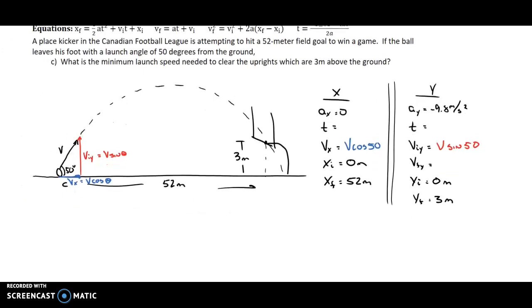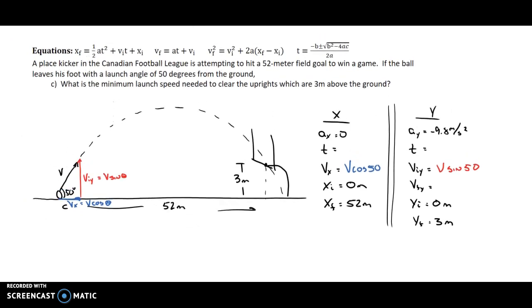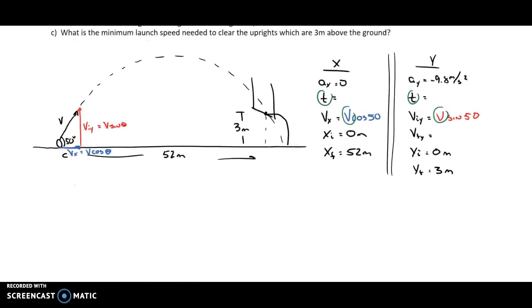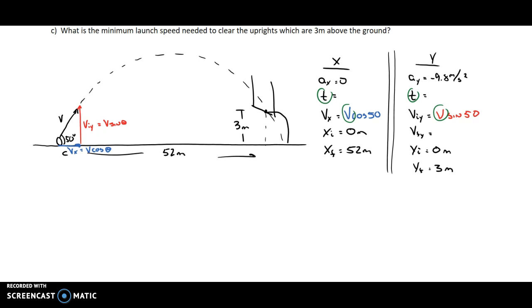And if that's the case, I can write a position function using this equation for the x and the y direction. And because I've written those initial velocities in terms of v, I'm going to get a system of equations with the same two unknowns in that equation. And so I'm going to set up my x and y equations.